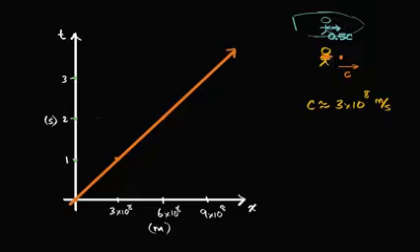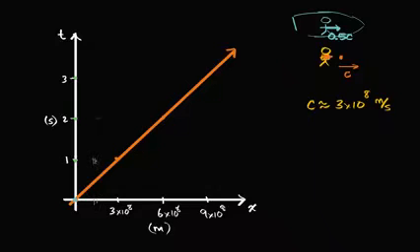And so let's plot her position on my little diagram. At time equals 0, she's exactly where I am. She's at the origin of my frame of reference. Her x position is 0. Now after 1 second, she's moving half the speed of light, so she would have gone 1.5 times 10 to the 8th meters.